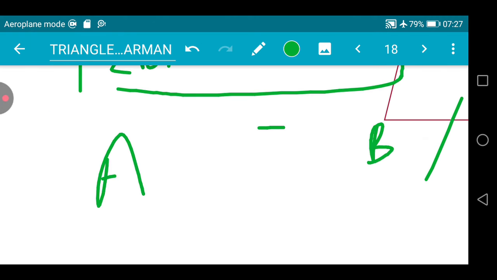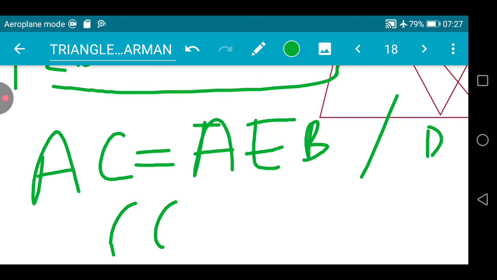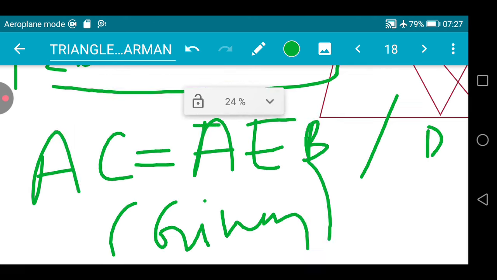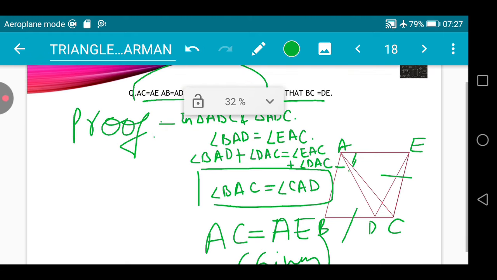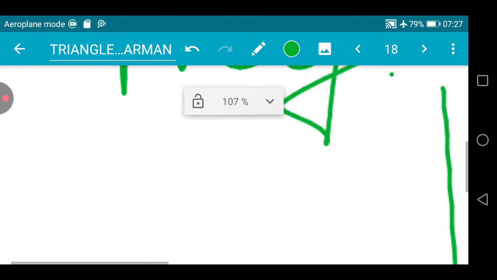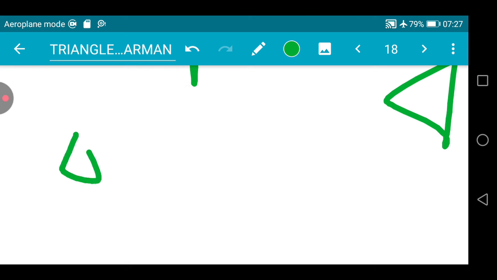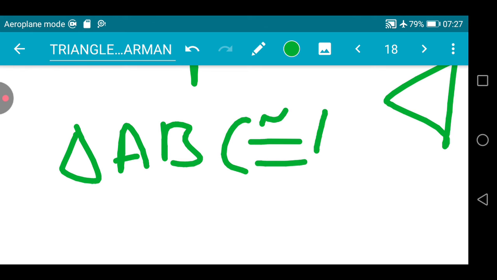Now AC equal to AE, simple. It is given. So triangle ABC is congruent to triangle ADE. Wait a minute.